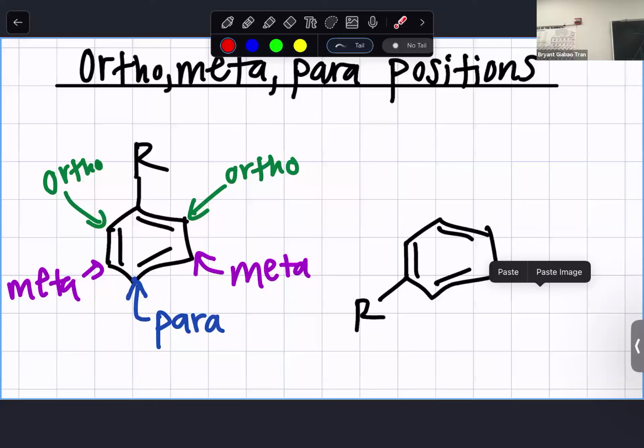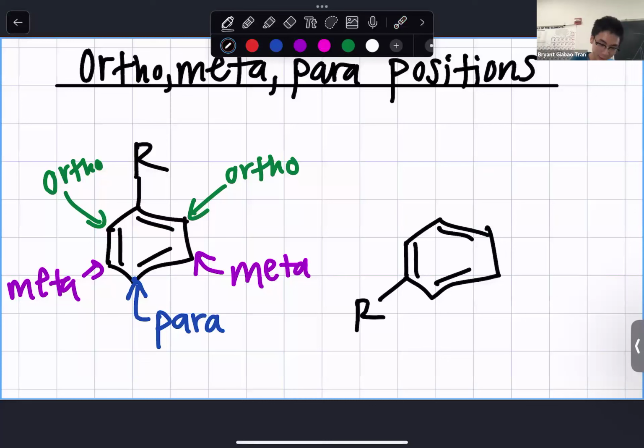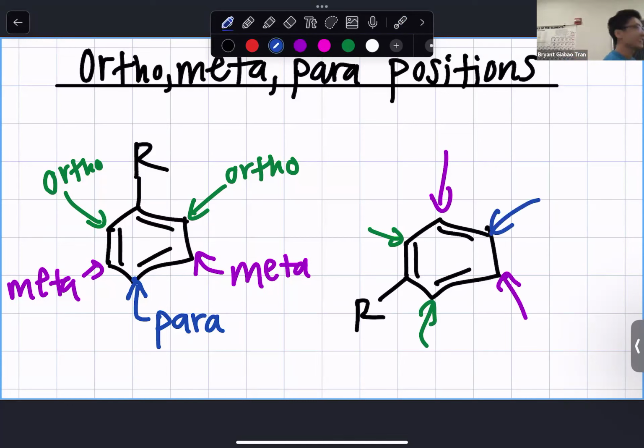The ortho are these carbons here, 1 away from the substituent. Meta is 2 carbons away. Para is parallel. It's always relative to that substituent right there. So in this case, the way I drew it, these are the ortho, these are the meta, and that is the para.